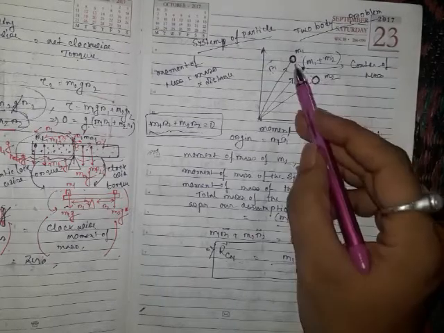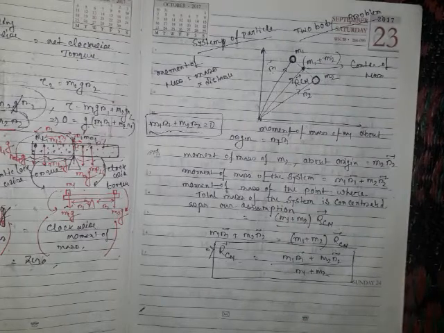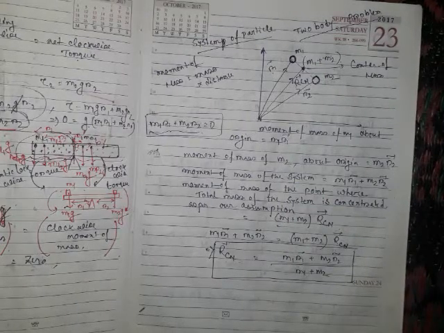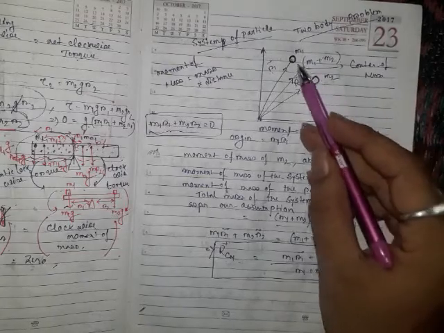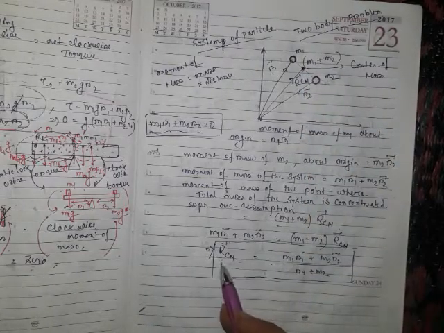That means if you assume that your whole system is a point mass, then the position of the point mass should be such that the moment of mass of that point mass must be equal to the moment of mass of the whole system. We do exactly the same here. Okay, now that is your definition of RCM.